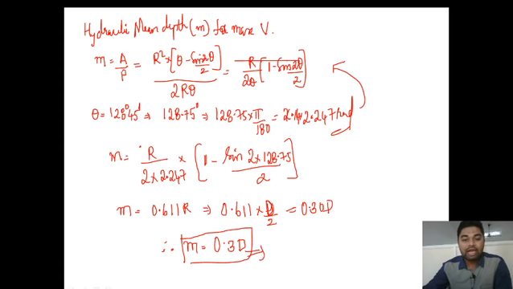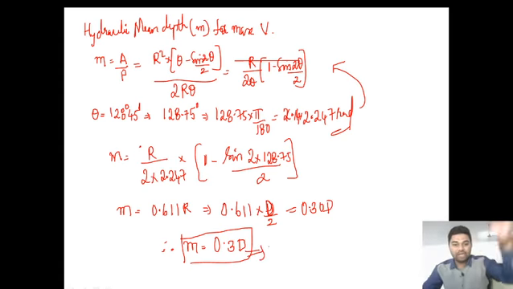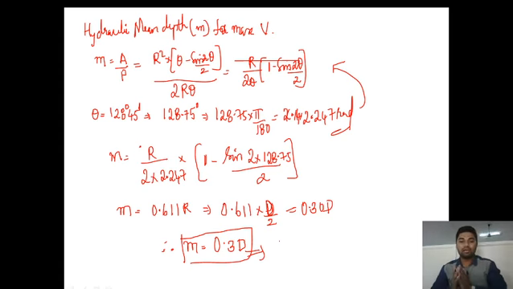We can conclude that maximum velocity is only obtained in a circular channel when hydraulic mean depth M is equal to 0.3 times the diameter of the circular channel.